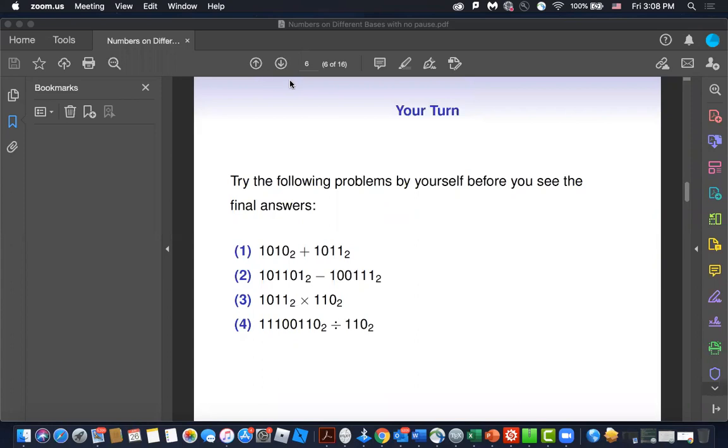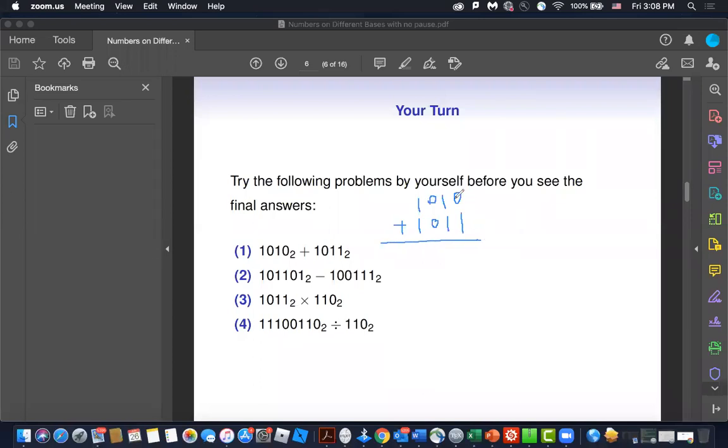For the first one, it is so similar to the decimal. We're going to do the addition, so we will line them up vertically and do addition. My lineup is pretty bad, but I try.